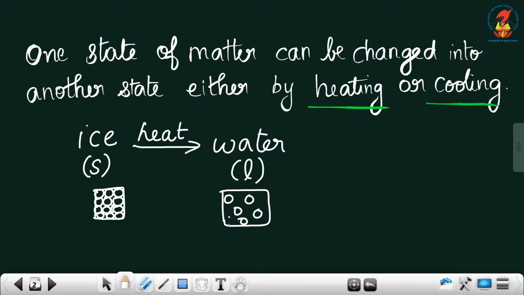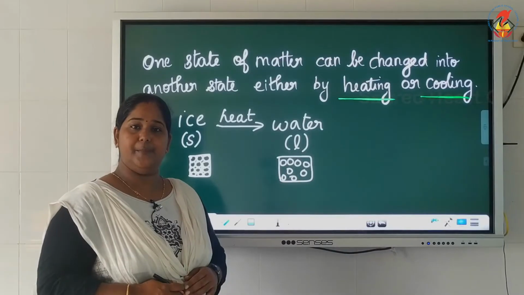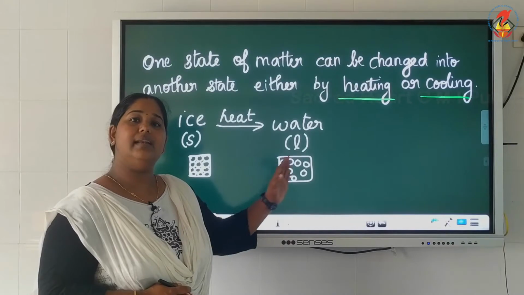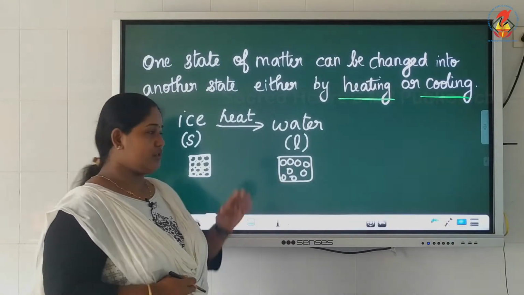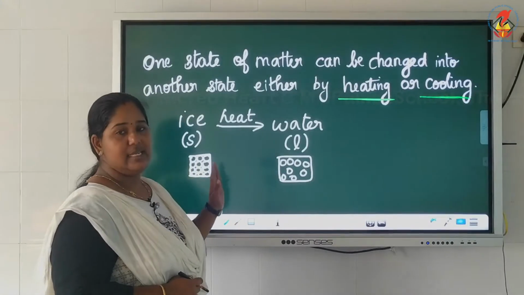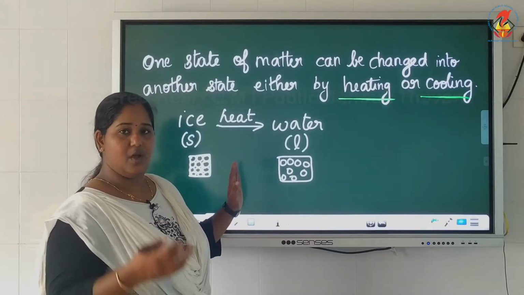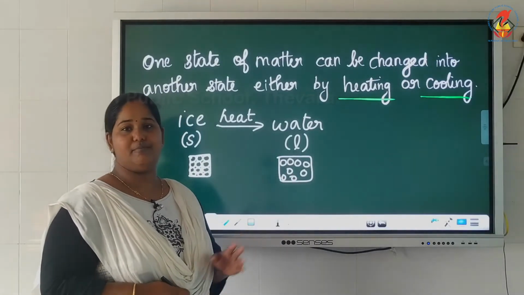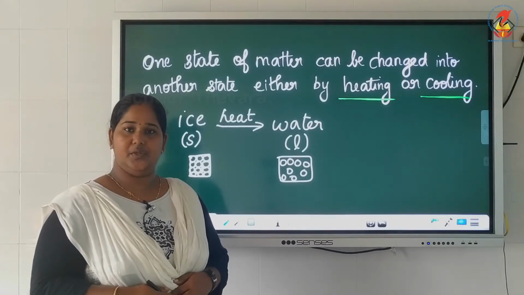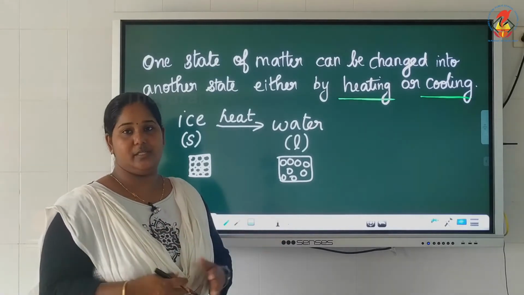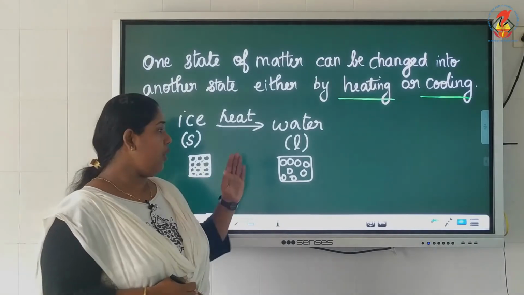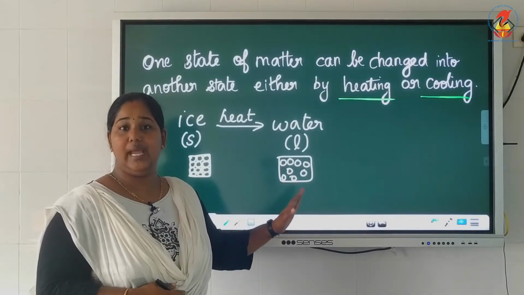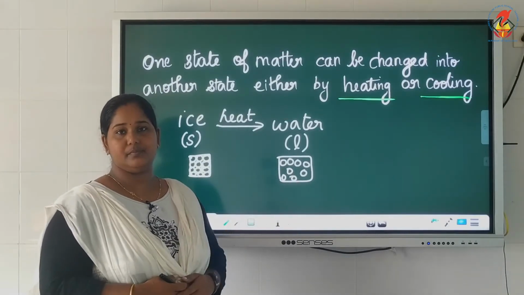Some of the molecules will move apart. So when the molecules have space between them, they are liquids. So a solid, when it is heated, some of the molecules move apart from each other and change into the next state of matter, that is liquid. This is called expansion. This is how one state of matter is changed into another by heating.